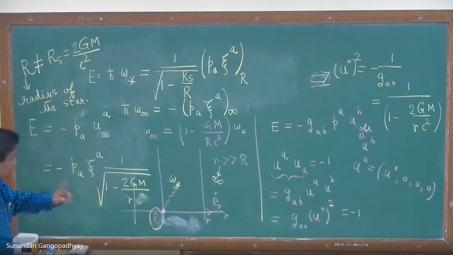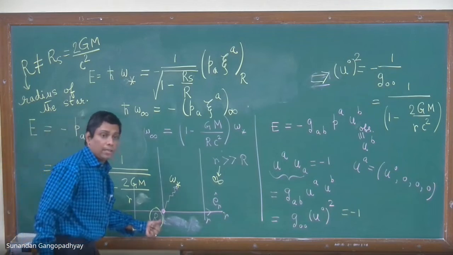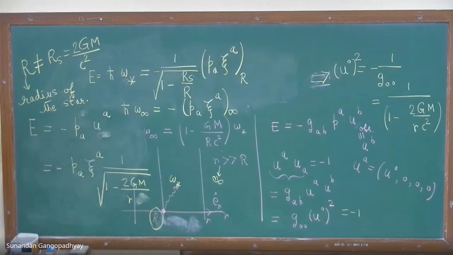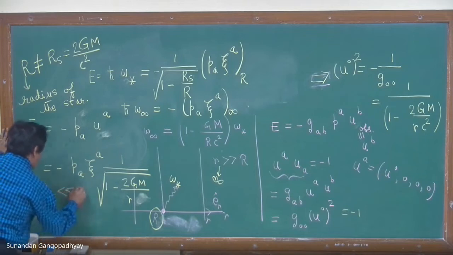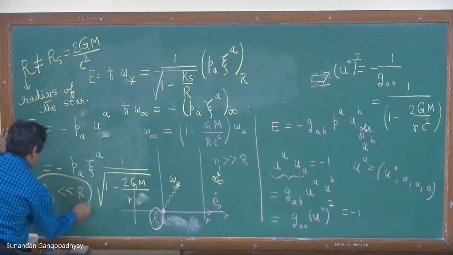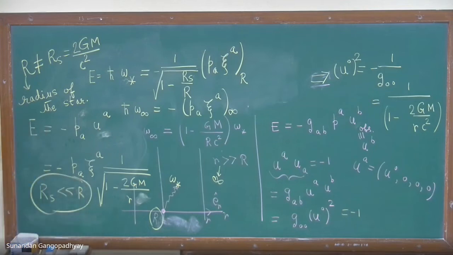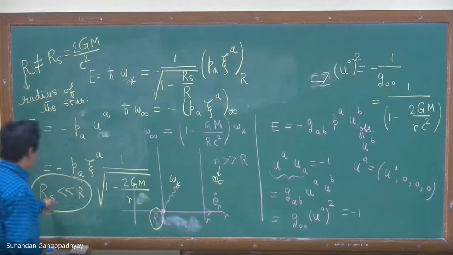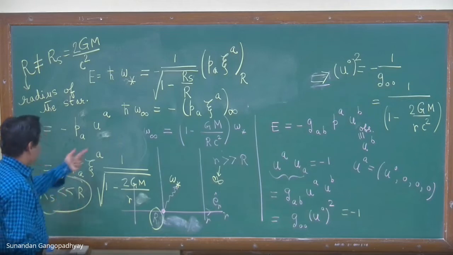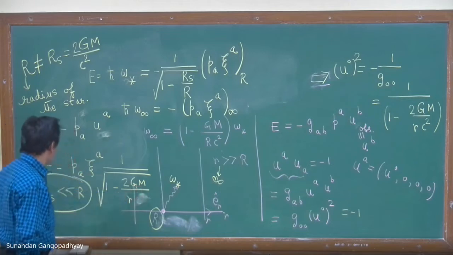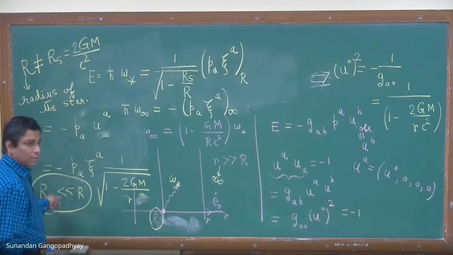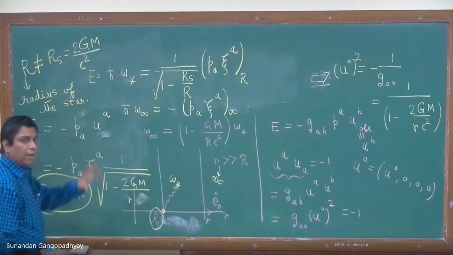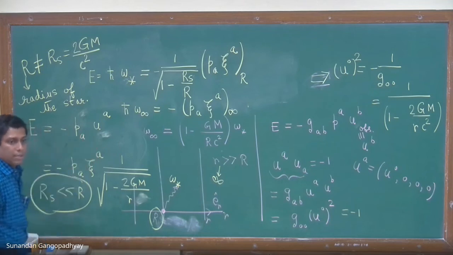Just be clear that this is capital R, this is not RS. Because for this kind of stars, RS is actually much less than capital R. You can actually calculate it. If you put in the mass, G, and divide by c square, you will get a value of RS for this solar mass, and you will find it to be about 3 kilometers.